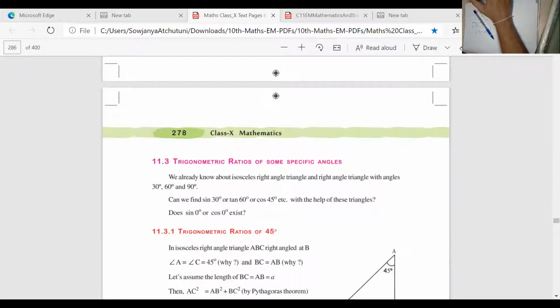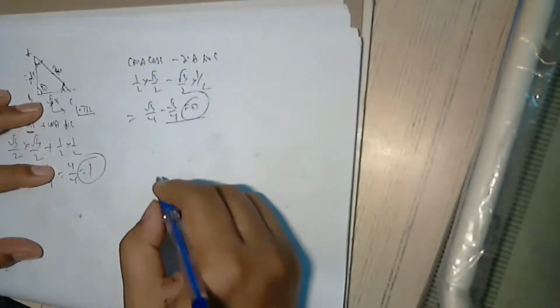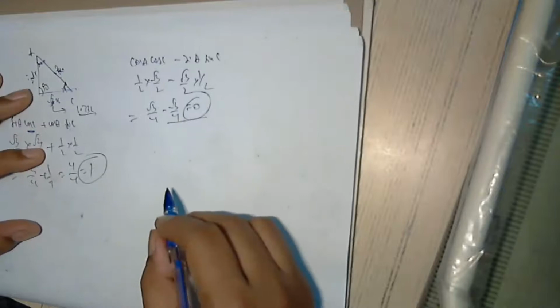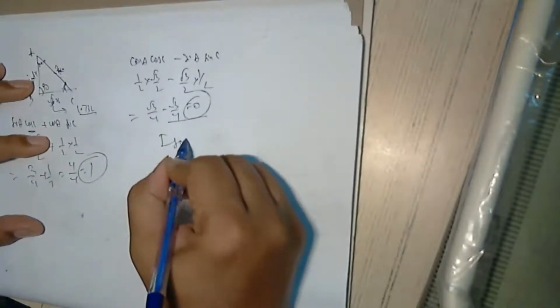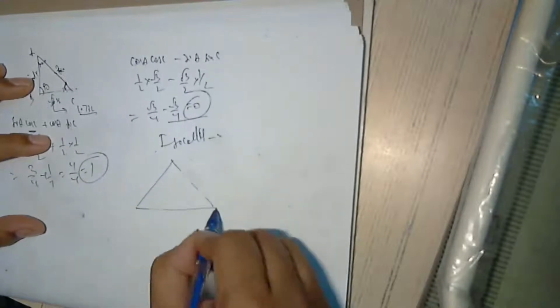See here. Suppose an isosceles triangle is there. What is isosceles? Two sides are equal. So this is 60, this is 60. Here three sides are equal. This is an equilateral triangle, and that means all angles are equal, so all sides are equal.